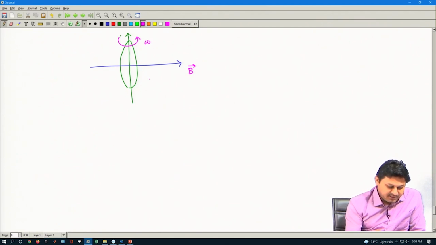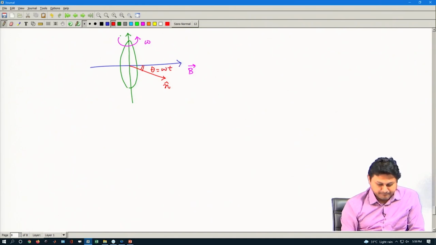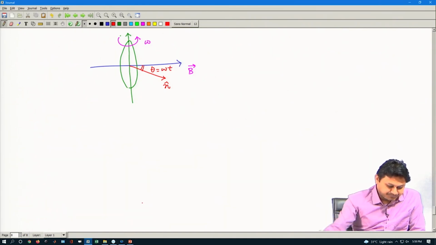If this is my B, at any moment this is the direction of the area vector n, and the angle at that moment is theta, and at that instant it is omega t, because omega is the angular frequency.